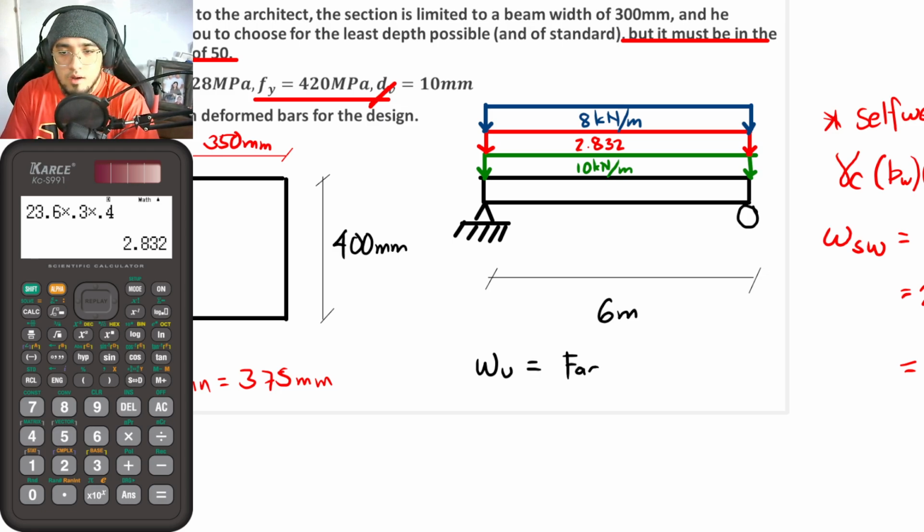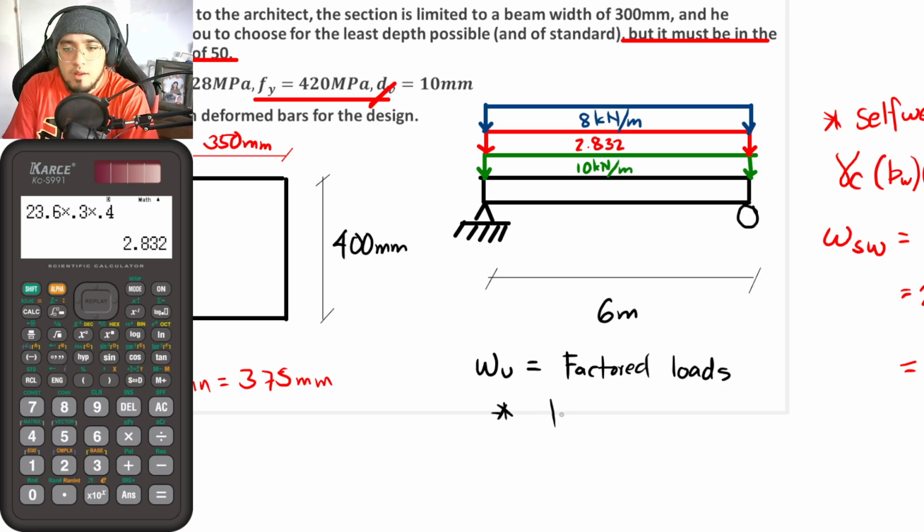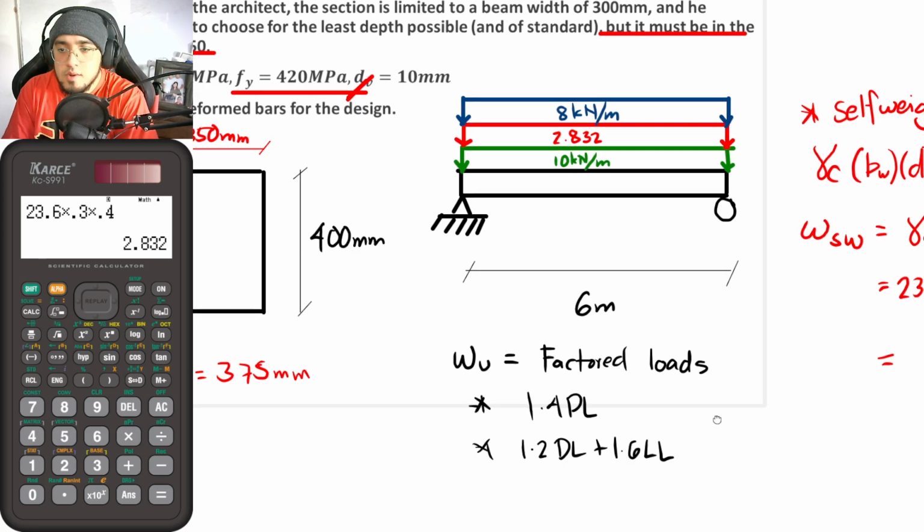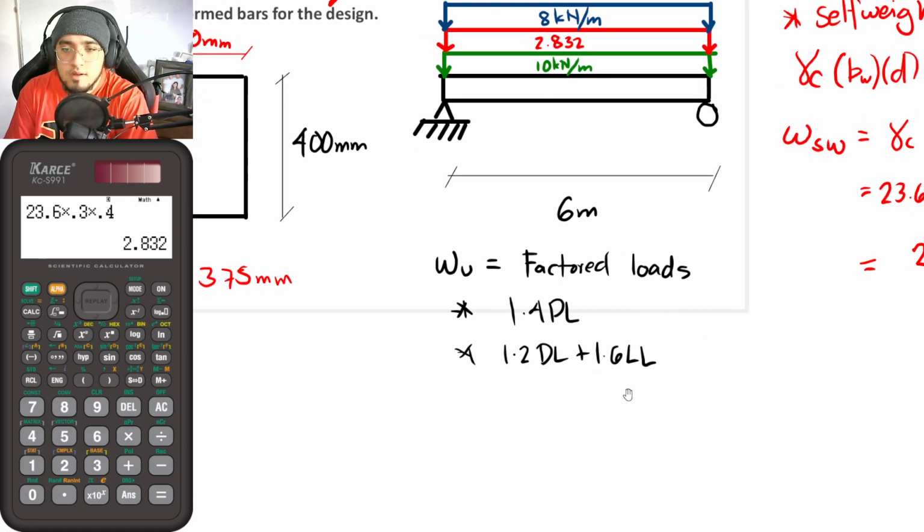So for our factored loads for strength design, since you only have dead loads and live loads, it may either be 1.4 DL or 1.2 dead load plus 1.6 live load. And we will be choosing whichever factored load is the greatest.